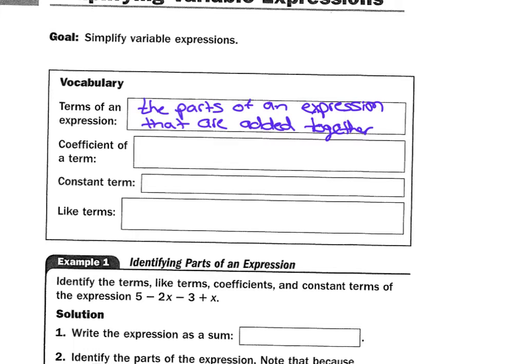So an expression we could have 2x plus 3 minus 7. 2x is a term, plus 3 is a term, minus 7 is a term. Those are all called terms.